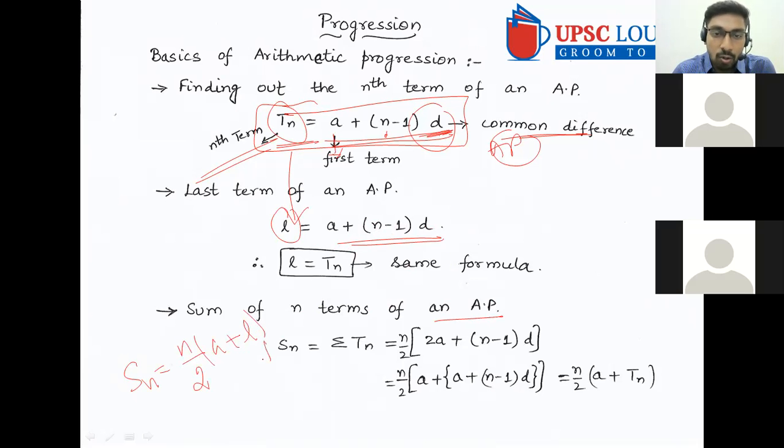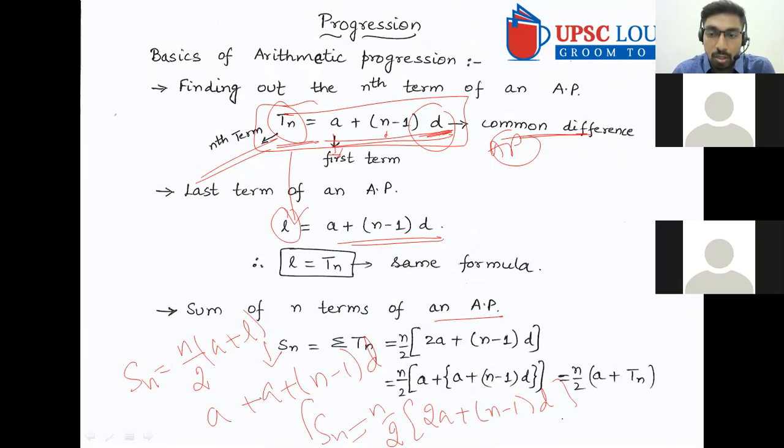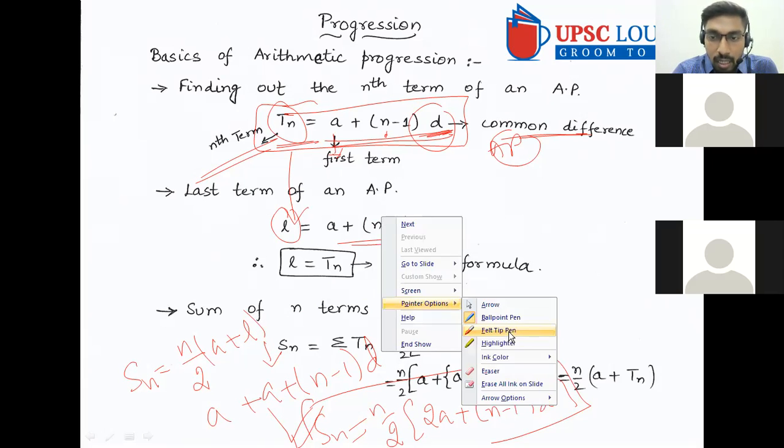When you put the value of l, you get n upon 2 into 2a plus n minus 1 into d. I already covered these in the previous lecture, so there is no need to discuss them in depth.